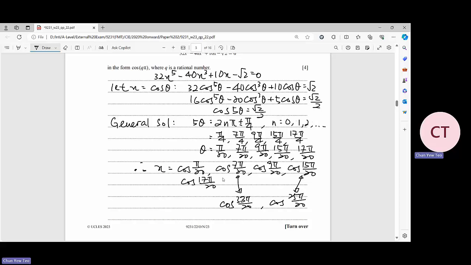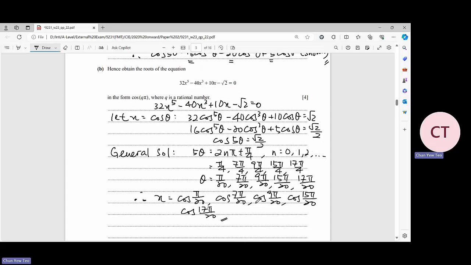So that means my answer over here, cos 7 pi over 20, can be accepted. Cos 15 pi over 20 also can be accepted, because at the end the answer is the same. So the answer is the same, no worry. It does not really have to be the same answer as in the mark scheme. So this answer is correct. This will be the answer for question number 3B.